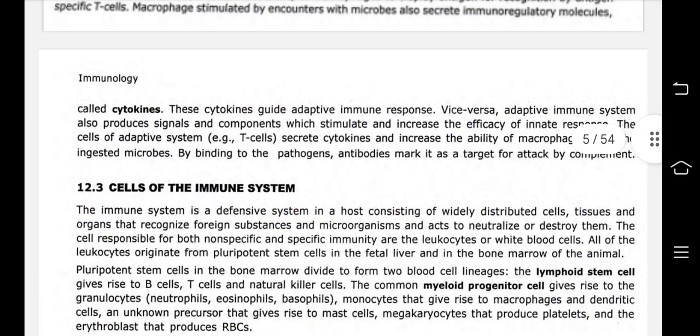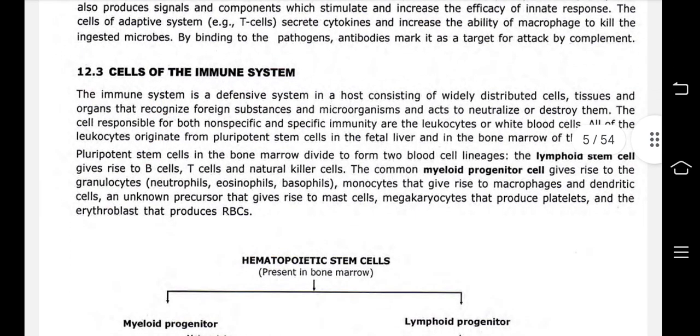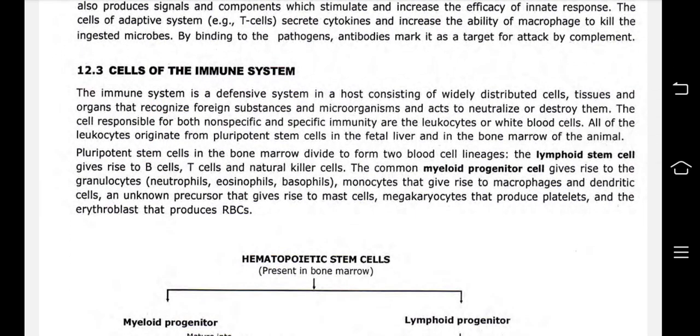These cytokines guide the adaptive immune response. Vice versa, the adaptive immune system also produces signals and components which stimulate and increase the efficiency of the innate response. The cells of the adaptive system, T cells, secrete cytokines and increase the ability of macrophages to kill the ingested microbes. Antibodies, by binding to the pathogens, mark them as a target for attack by complement.